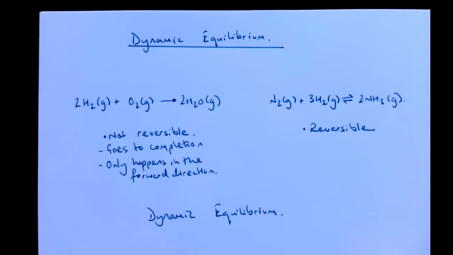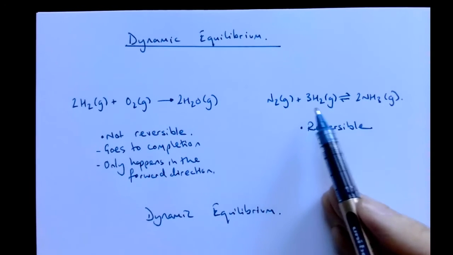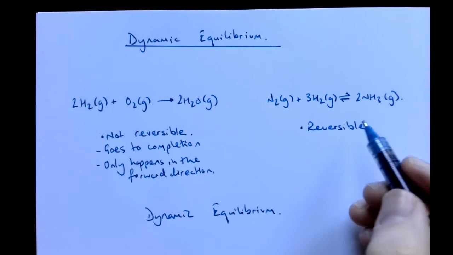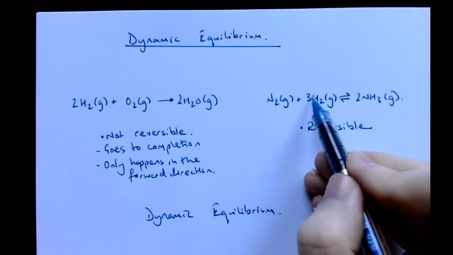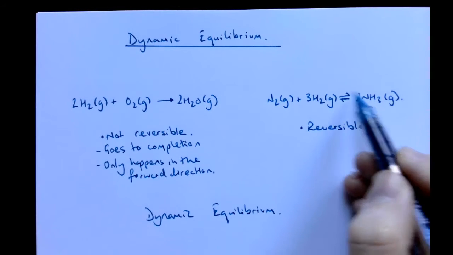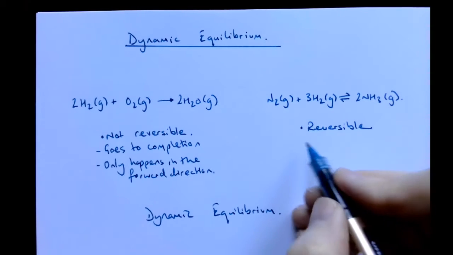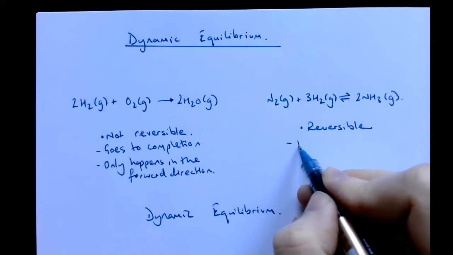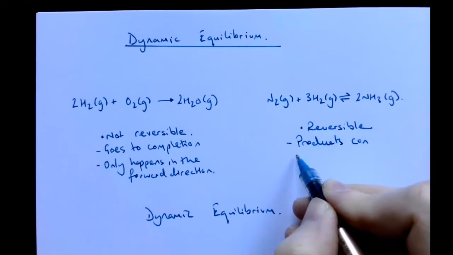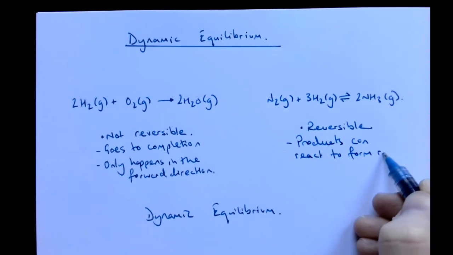Now over here, this is the Haber process, which you should have seen at GCSE, and we'll see a lot more of in a bit. This is reversible, and what that means is that the reactants, nitrogen and hydrogen, react together to make ammonia, but the ammonia is also able to form nitrogen and hydrogen, so it's able to go in the reverse direction as well. So generally reversible means that products can react to form reactants.